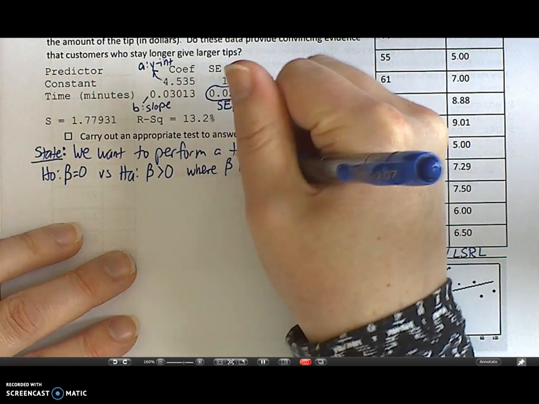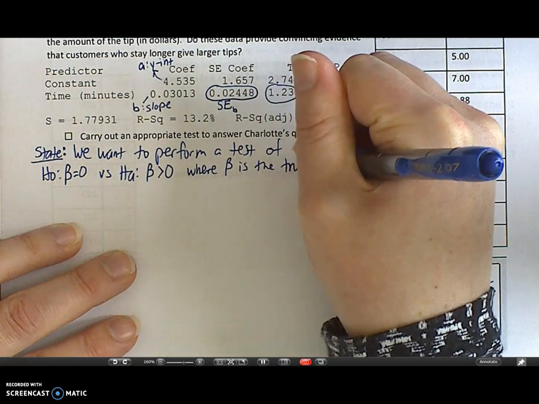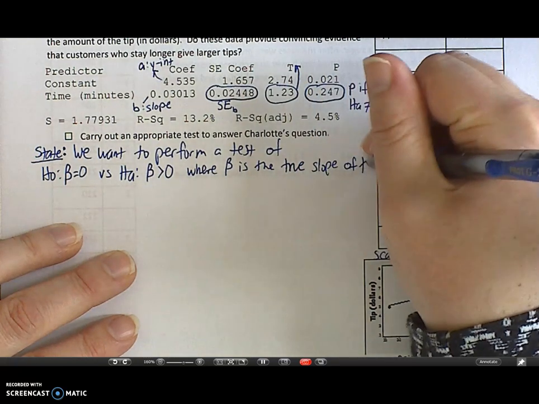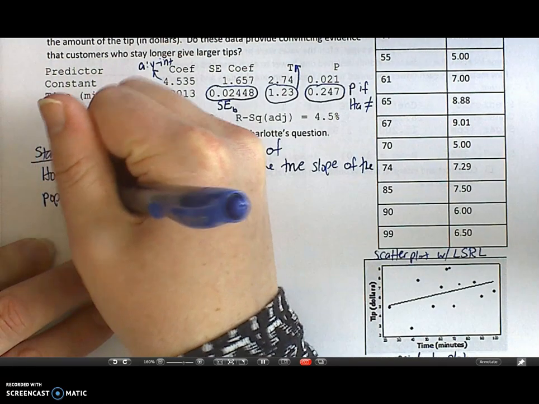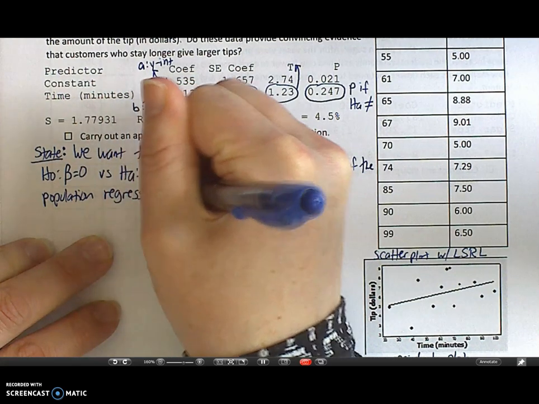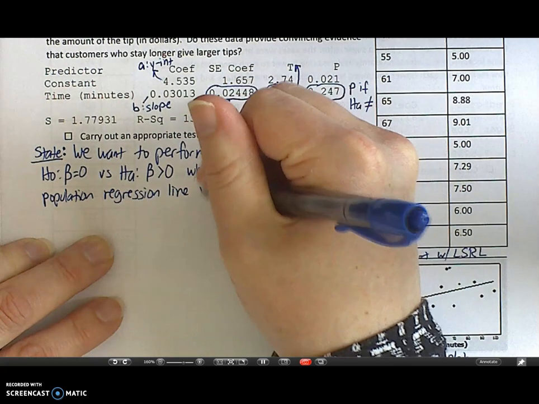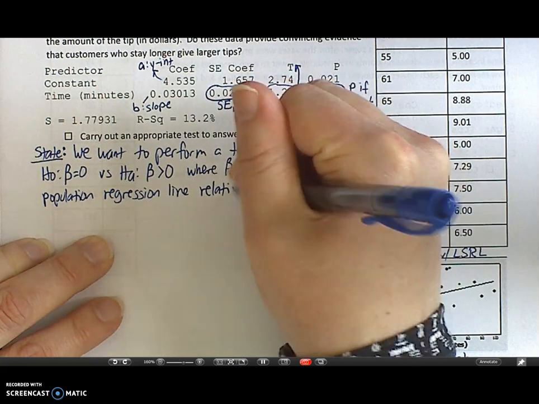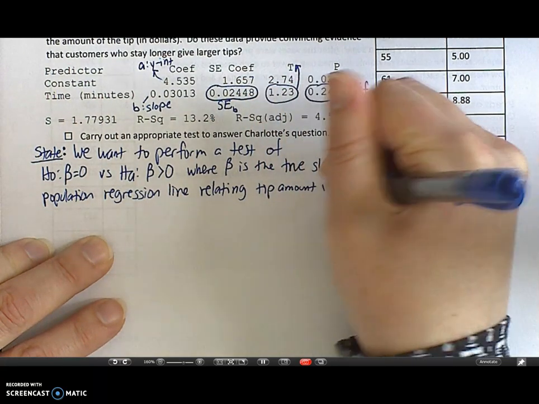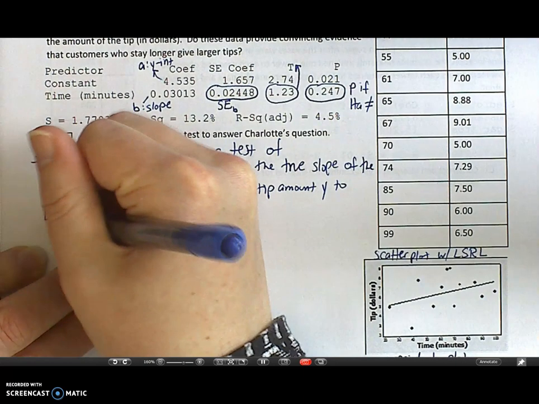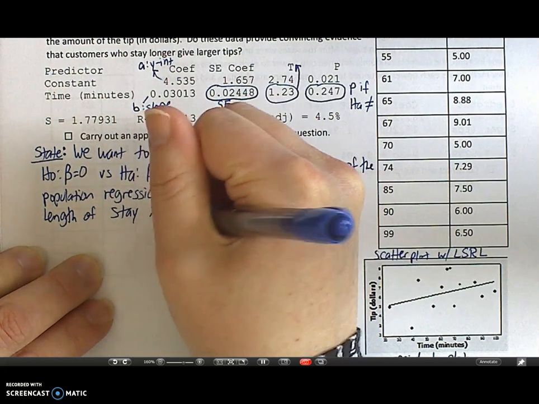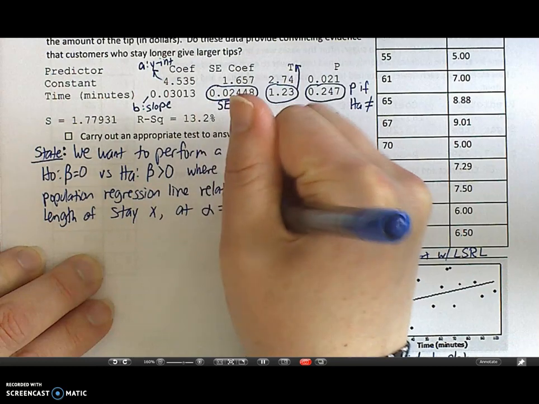So beta is the true slope of the population regression line relating, and then here's where you insert your context, relating your tip amount, y, to our length of stay, x. And we are doing this at an alpha of 0.05.